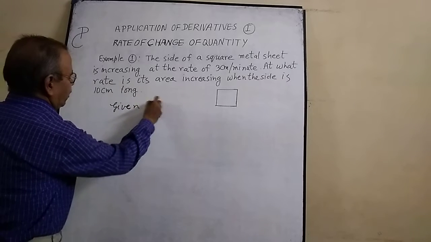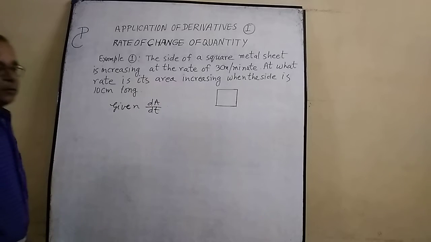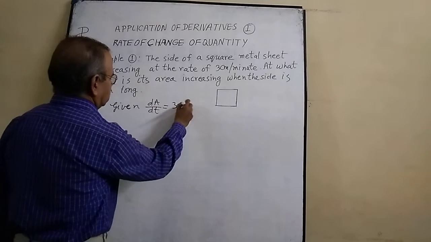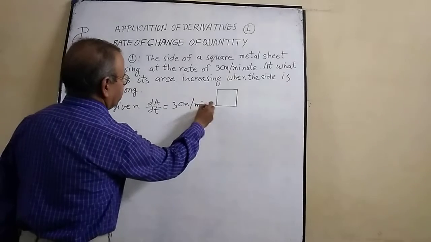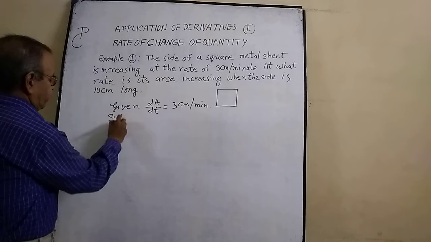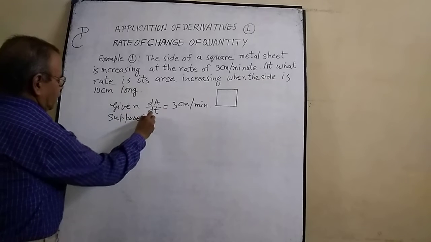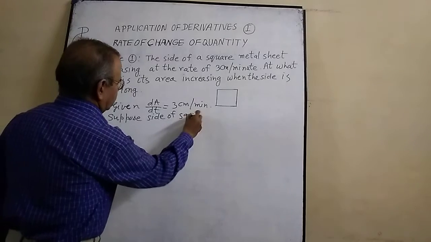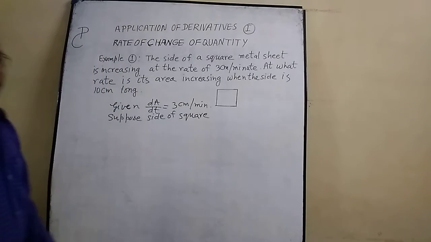Given that dx upon dt is equal to 3 cm per minute, suppose the side of the square is x centimeter.